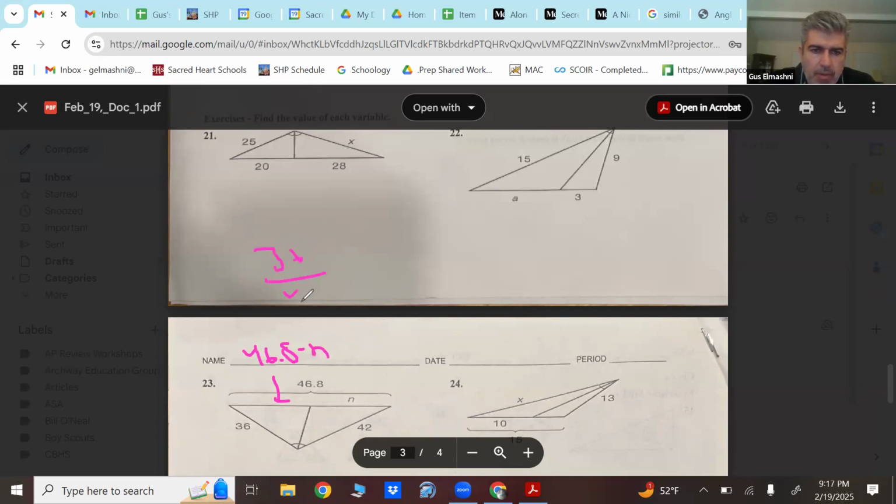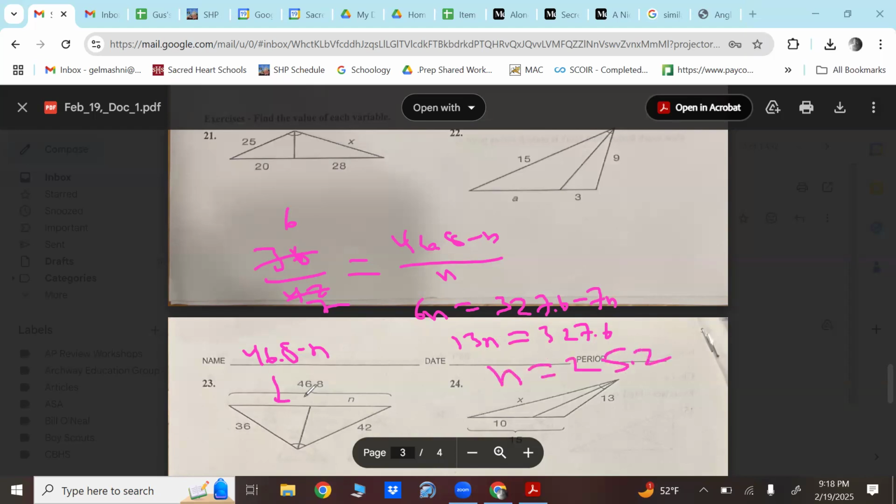So 36 over 42 divided just by 6. That's 6/7. 25.2. Yeah, that's number 23.